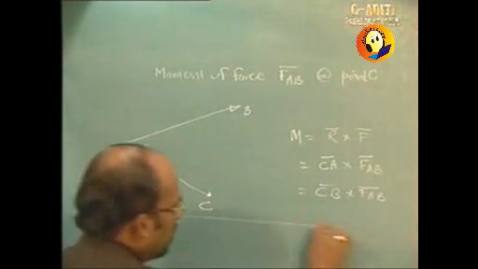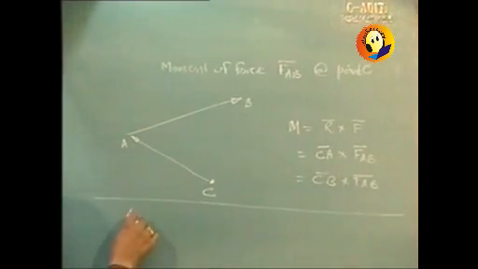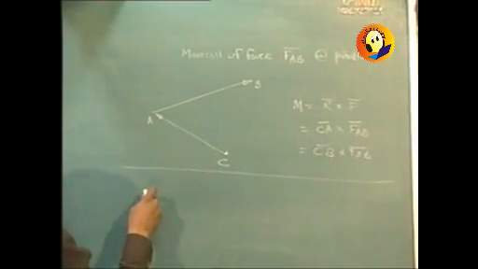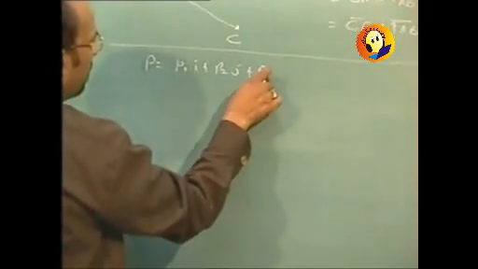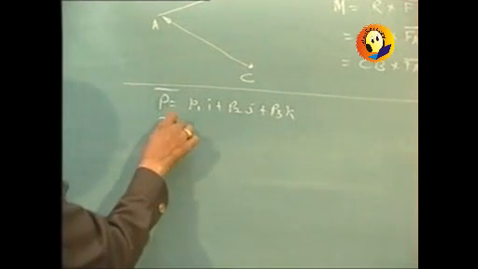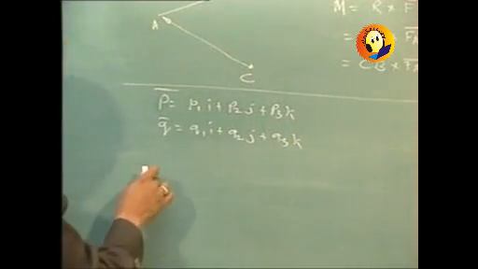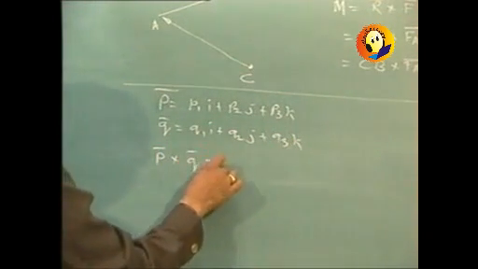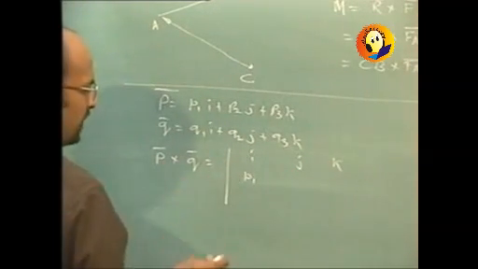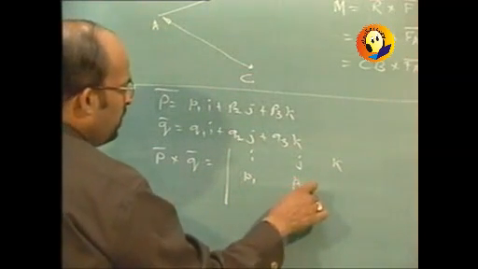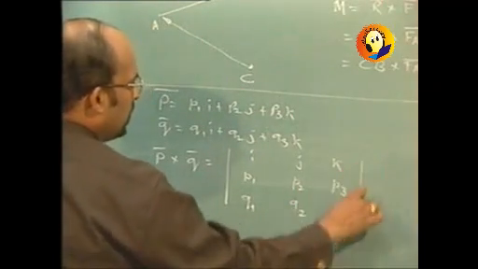Now of course for the cross product you will require the formulation: suppose P bar is P1 i plus P2 j plus P3 k and Q bar is Q1 i plus Q2 j plus Q3 k, then P bar cross Q bar in vector notation form is the determinant of i j k, first the coefficients of the first vector as the second row P1, P2, P3, and then the coefficients of the second vector Q1, Q2, Q3.